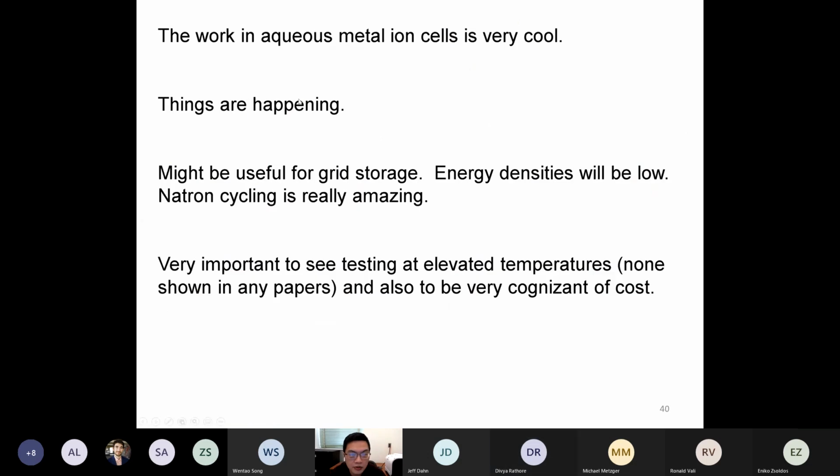Actually, Jeff has some conclusions, but overall, in terms of academics, it looks very cool. But I don't think at this stage there is any market for this kind of aqueous battery, because the whole cost is much higher, and the energy density still cannot compare to the organic system.